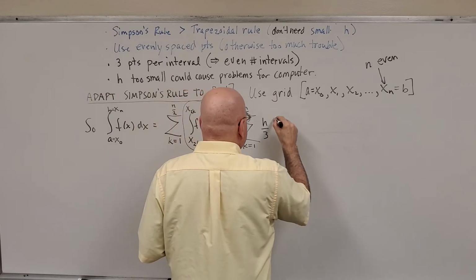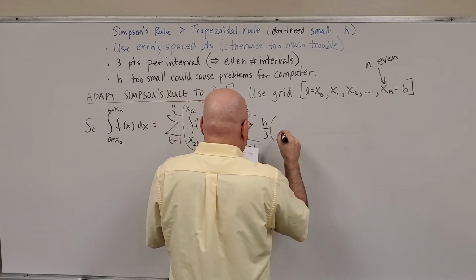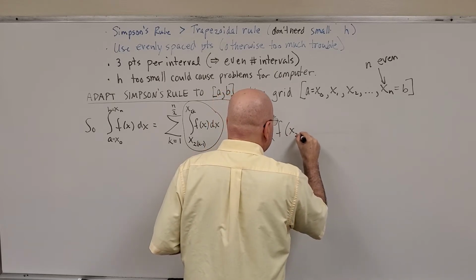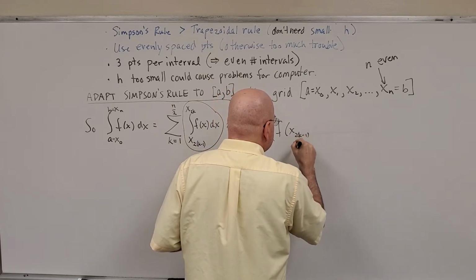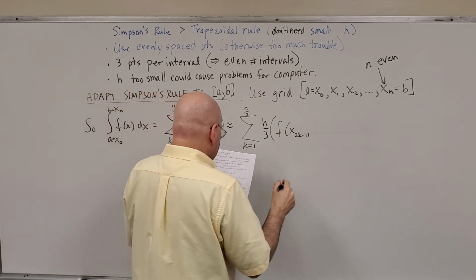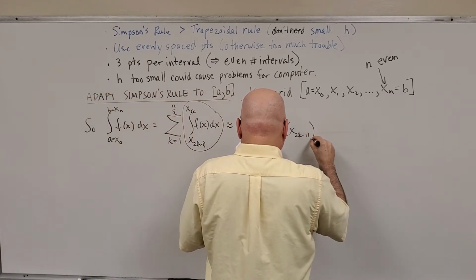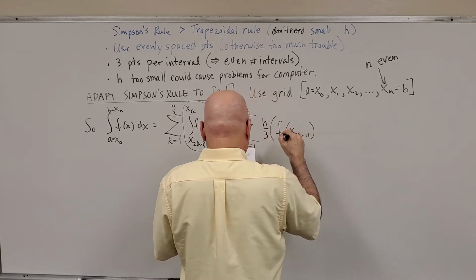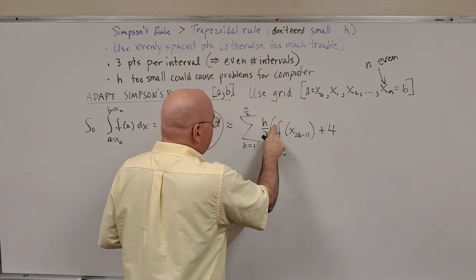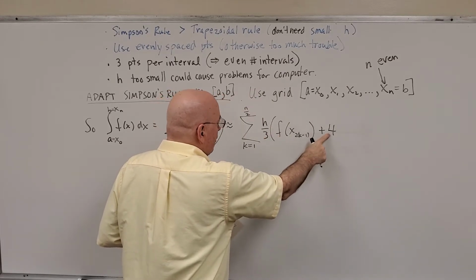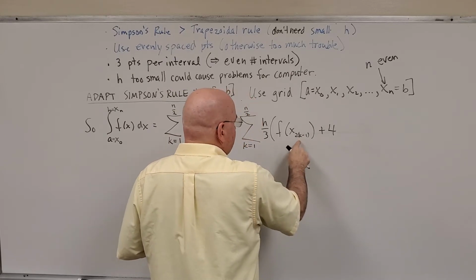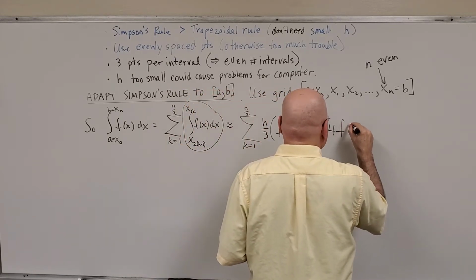And then we're going to get this times f of x sub 2k minus 1, this guy right here. So that's like a 1/3. This is going to be a 4 because it's like 4/3. And all we're going to do is take one more than this in the index.